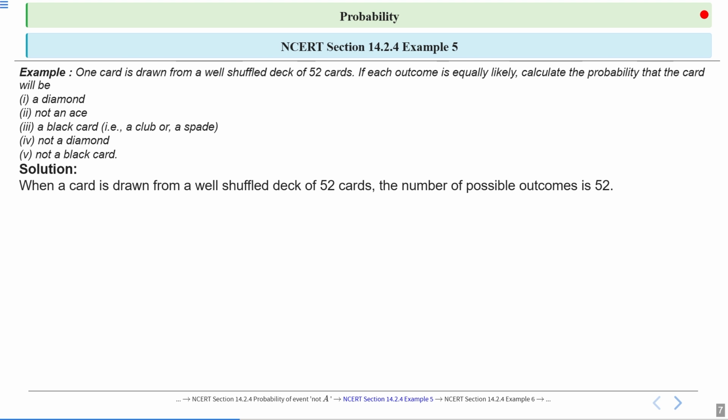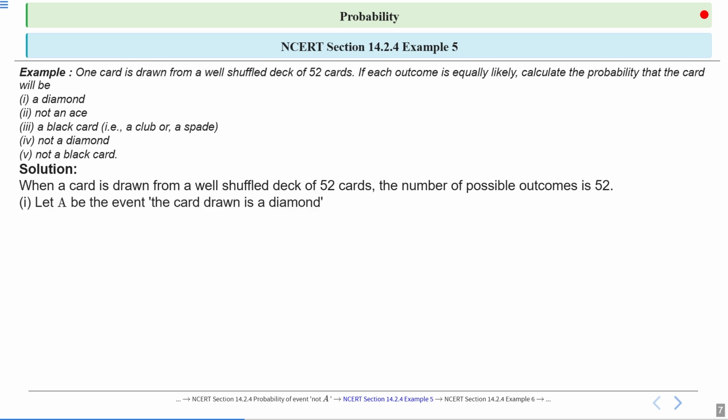So the number of possible outcomes here is 52, and this is actually the cardinality of the sample space. So the cardinality of the sample space is basically 52. That means the number of elements in the sample space is 52. Clear?